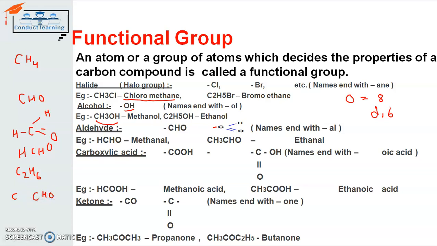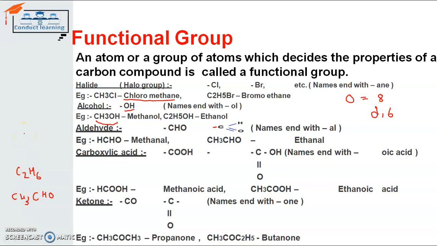So when we draw the structure of this ethanal, how will it look? I need the space, so that's why I first rub it. The aldehyde group already contains one carbon atom, one hydrogen atom and one oxygen atom, so we need 3 more hydrogen atoms, and the chemical formula becomes CH3CHO.